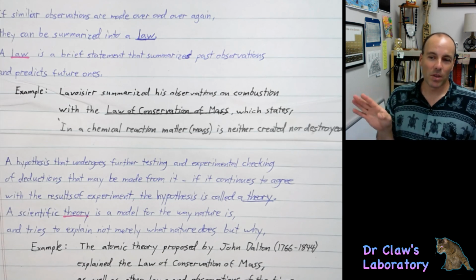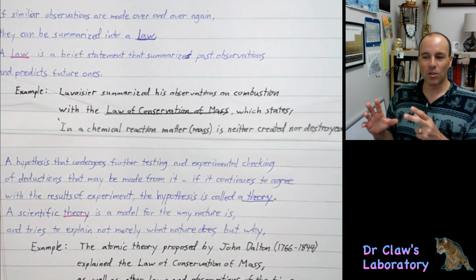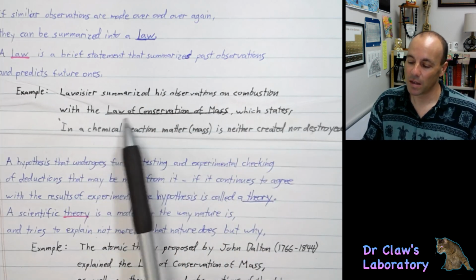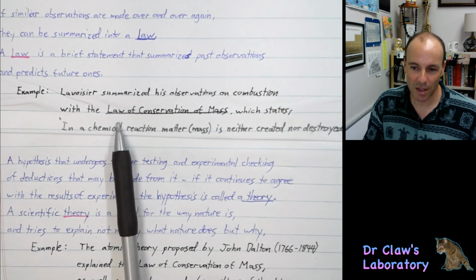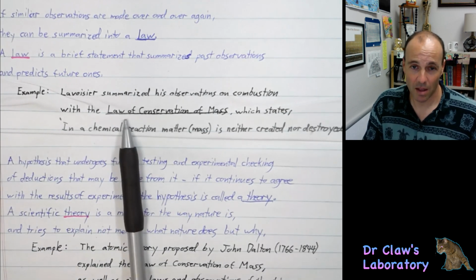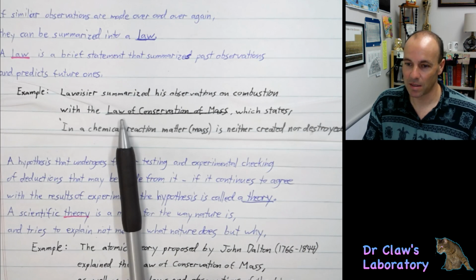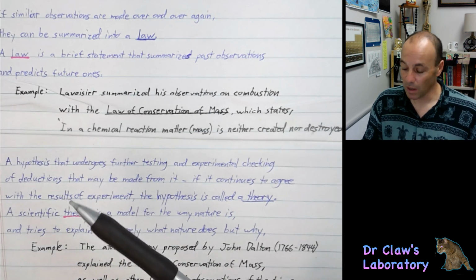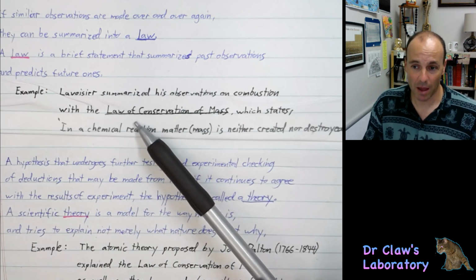Okay, but we're not always talking about burning stuff in air. Is there some other explanation that covers all of these observations that are summarized in a law? Is there something that can explain this law? Okay, kind of like a hypothesis explains an observation. What can explain this big law?